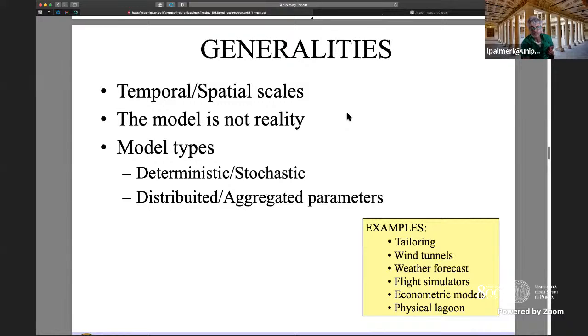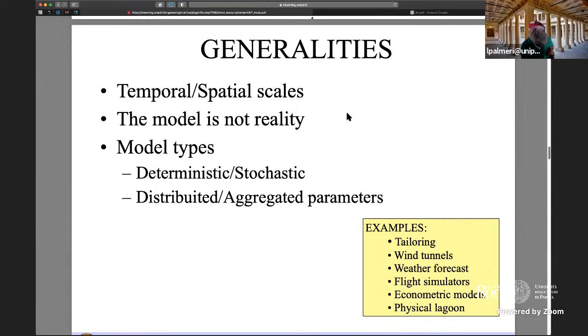Wind tunnels are another example of modeling approaches, in which, for example, you study the suitability of the shape of a car in order to optimize this shape in terms of friction or resistance against air flows.